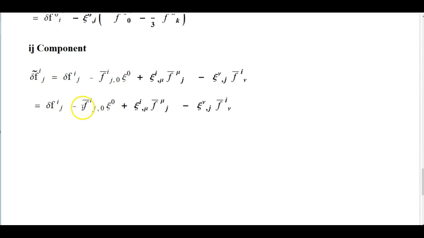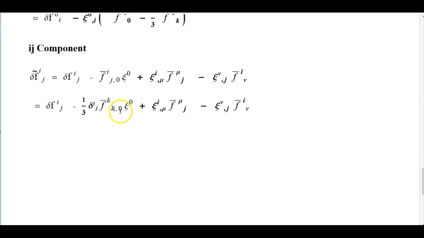And actually this partial derivative with respect to 0 applies to delta ij and f bar kk together, but delta ij is constant, it comes out of the derivative.